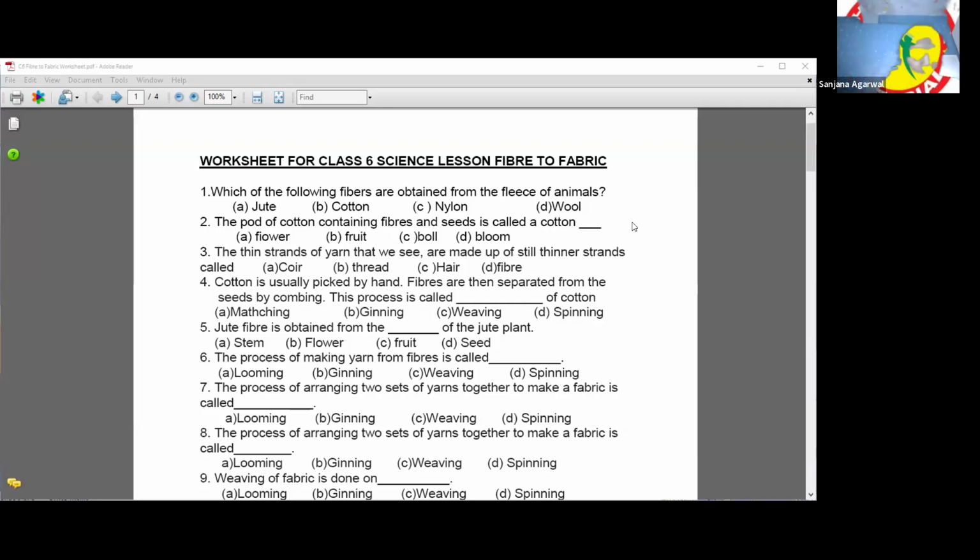Fourth, cotton is usually picked by hand. Fibers are then separated from seeds by combing, which is called. Process of combing cotton. Okay, Neha. Trilokya, Nishika, quick, quick.